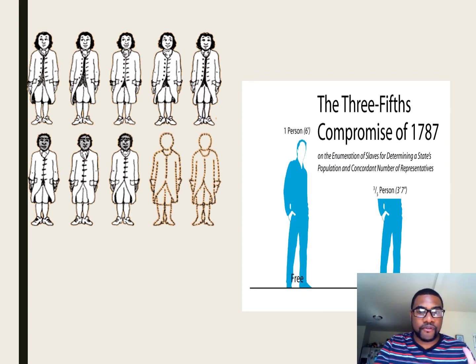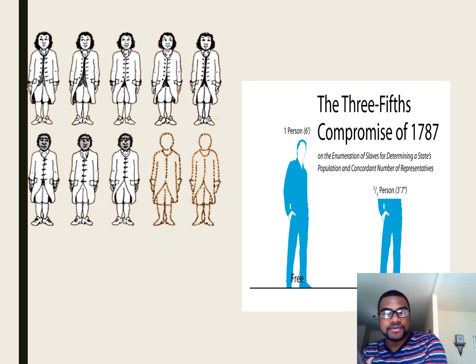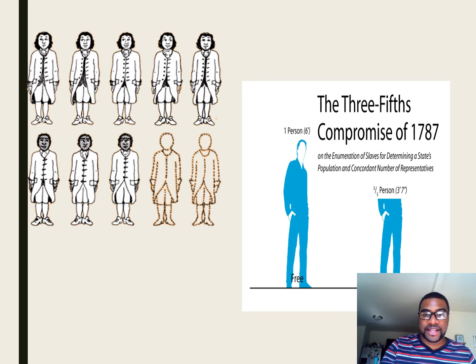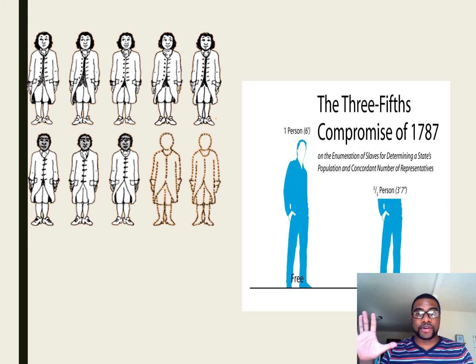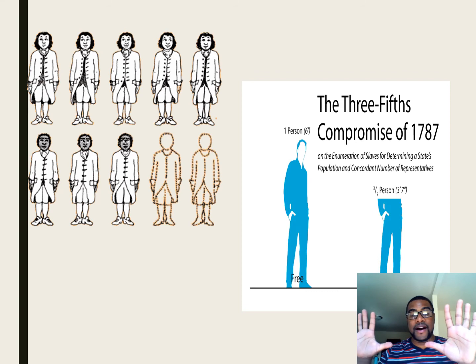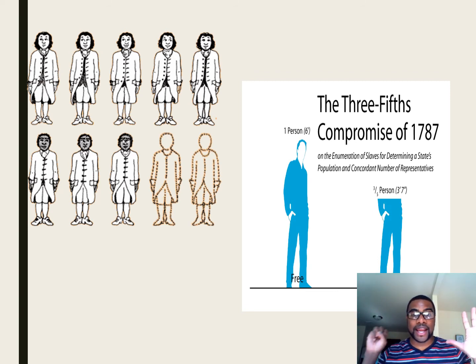For every 5 persons, 3 slaves were counted. So every 5 slaves would count for three people.